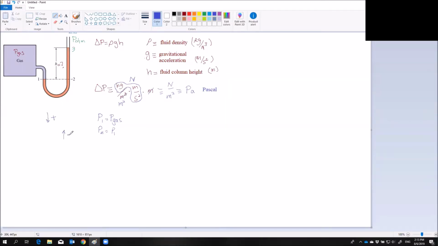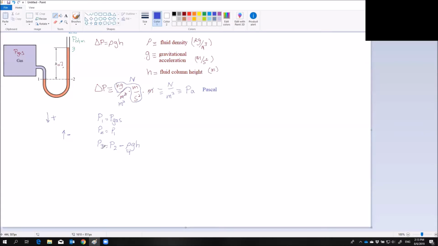Moving up, you subtract terms. So moving up from point 2 to point 3, P3 is going to be P2, we have to subtract because we're moving up, P2 minus rho g h. H is the unknown, and in this case, rho is our liquid density.